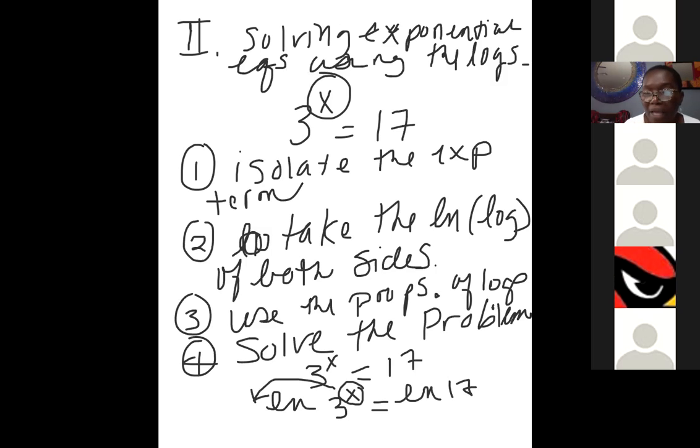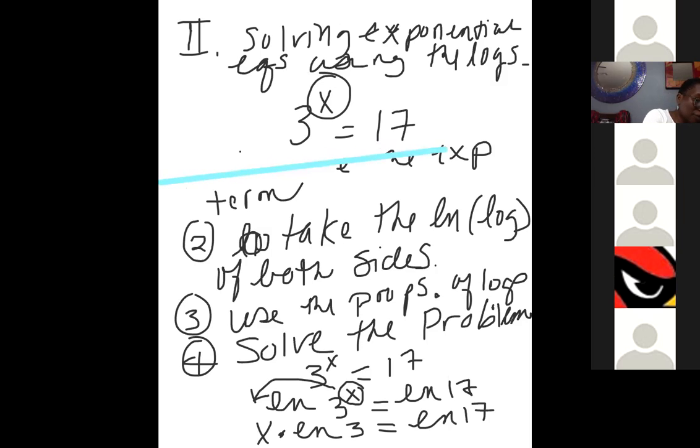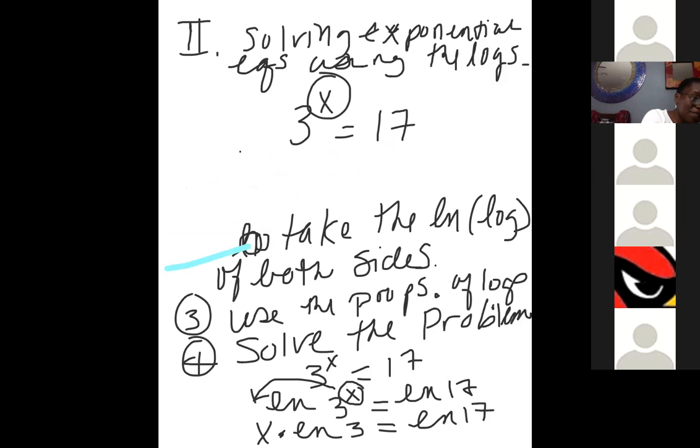That's where we're applying the properties of logs. So this becomes x times natural log 3 is equal to natural log 17. Now remember, we're solving this for x. So the last step is to go ahead and divide both sides by natural log 3. By the way, guys, I'm going to need you to boot up your calculators for me, please.